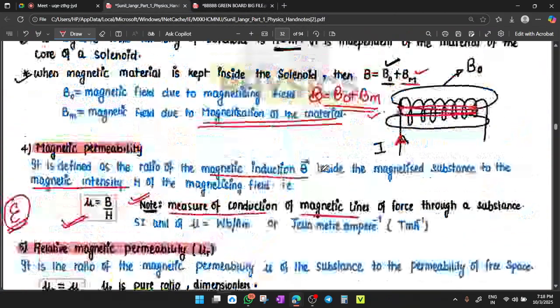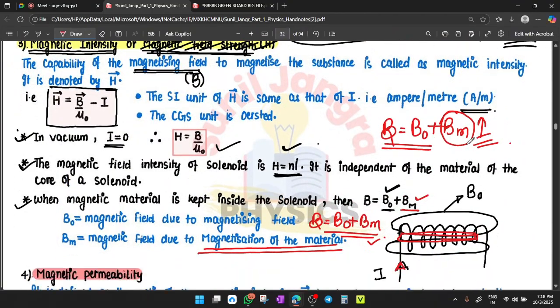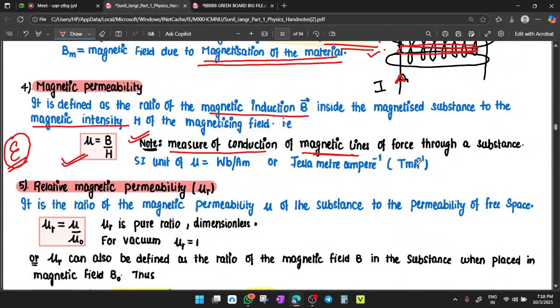We just derived the unit of H. Ampere per meter. So it will go upside. So this will become Tesla meter per ampere, or T M A inverse. Also Weber per ampere meter.